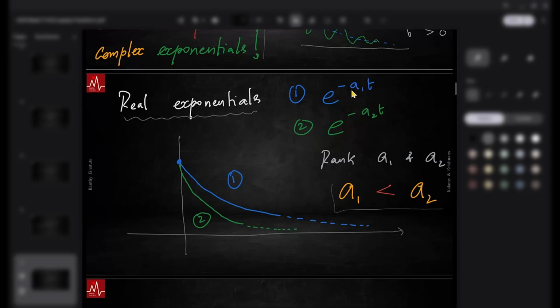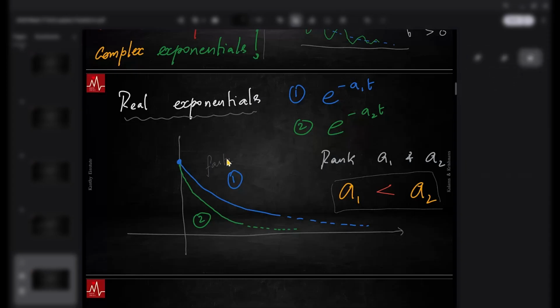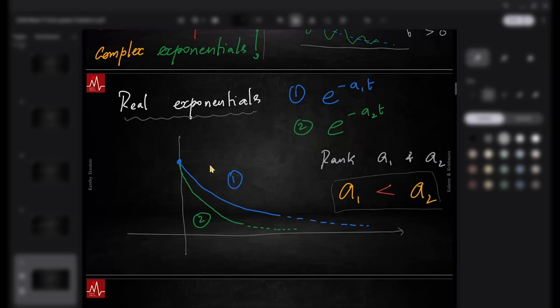The coefficient tells you how fast the function is decaying. So this is faster decay. That means your A2 is larger. This is faster decay.